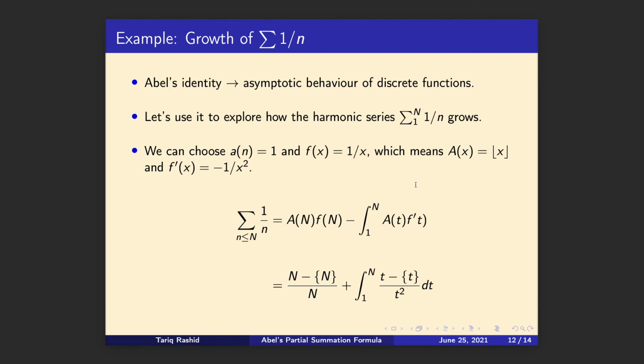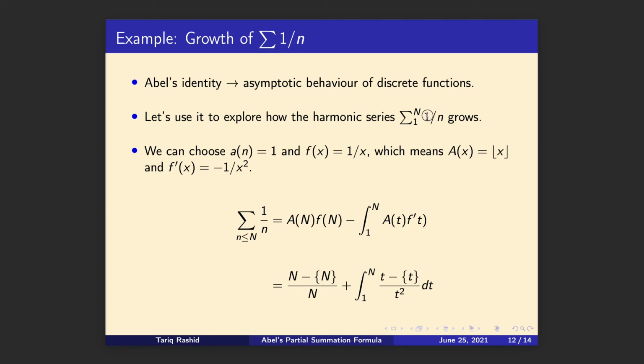Let's see if we can arrive at that same conclusion in a much simpler way, and maybe even have more insights. So the question is, how does the harmonic series grow? That's the question. And the Abel identity really helps us with the asymptotic behaviour of discrete functions. That's almost always the go-to tool.